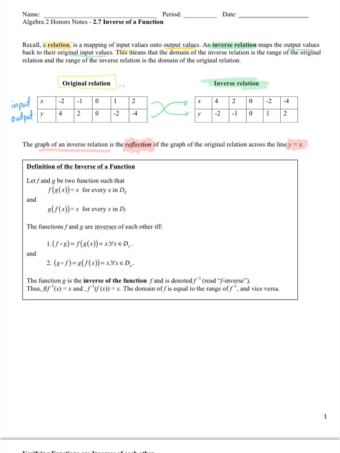So algebraically, what is the definition of an inverse of a function?